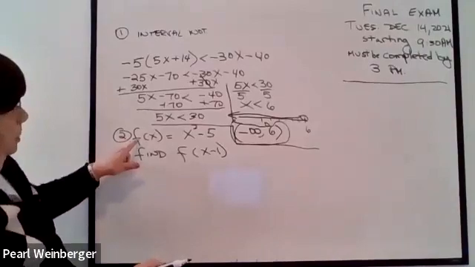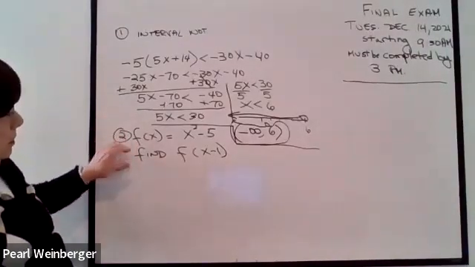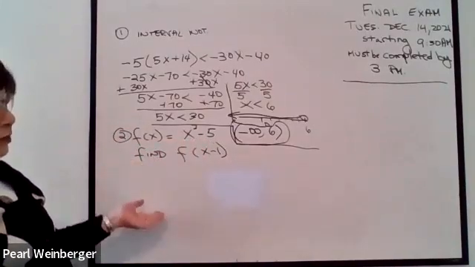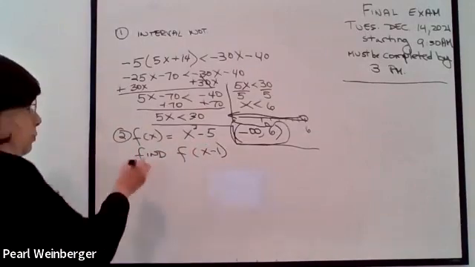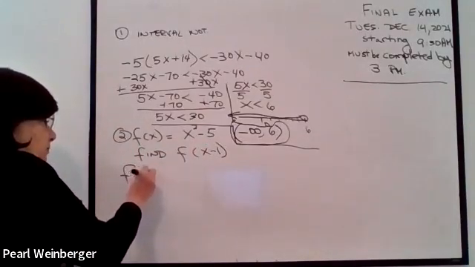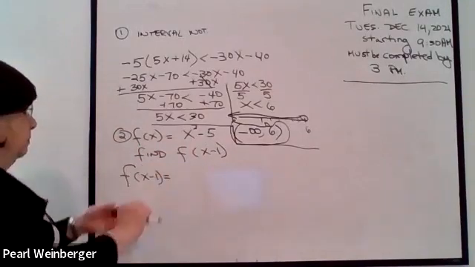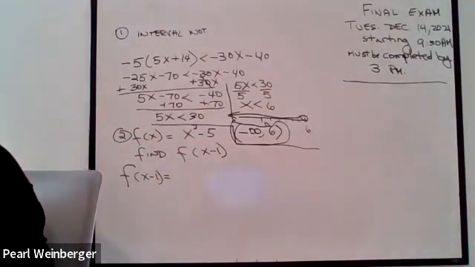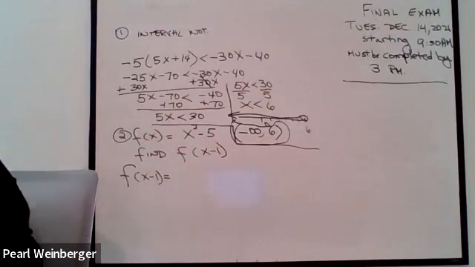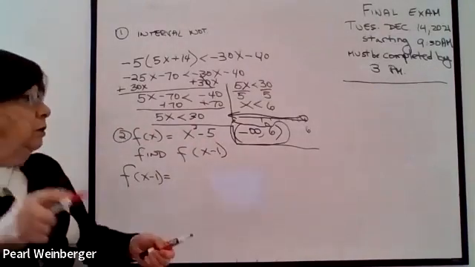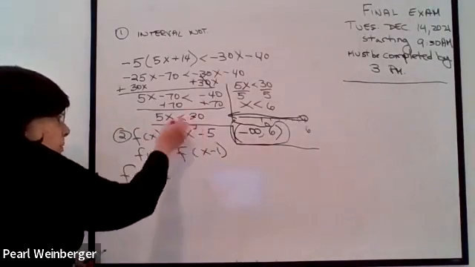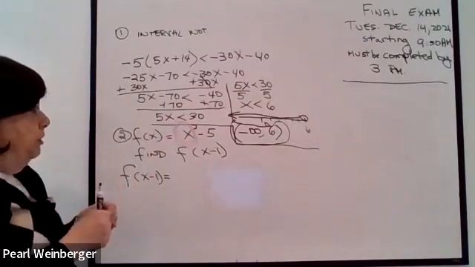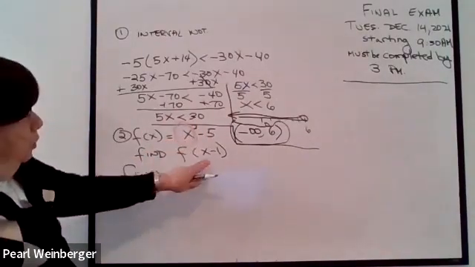Number 2: we're told that f of x equals x squared minus 5. And when we want to find f of x minus 1, what that's telling me to do is wherever I see my x over here, which is right here, I'm going to replace that x with an x minus 1.